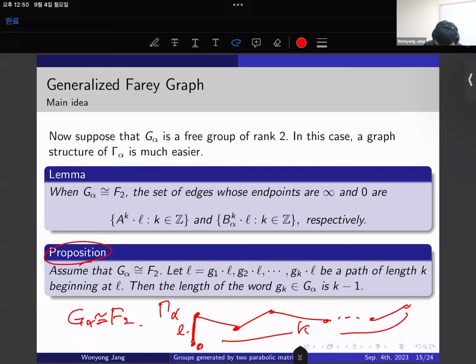Then by the definition of the generalized graph, this geodesic is g1 dot L, then g2 dot L, and so on up to gk.